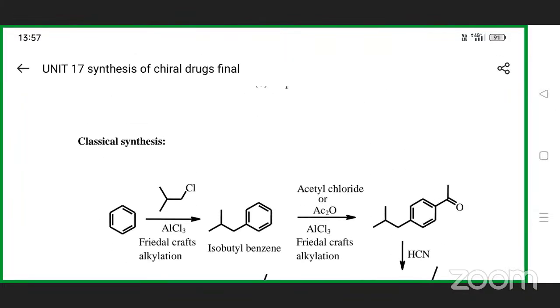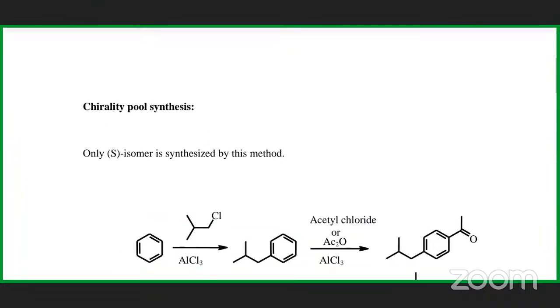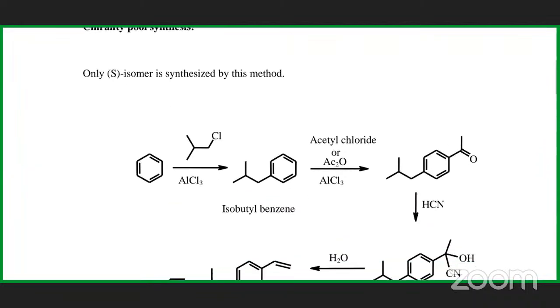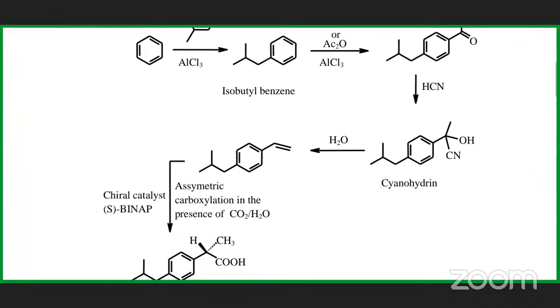One is classical synthesis, where the synthesis is done using reagents or chemicals. And one more method to synthesize this compound is the chiral pool synthesis, which involves the use of a chiral reagent.